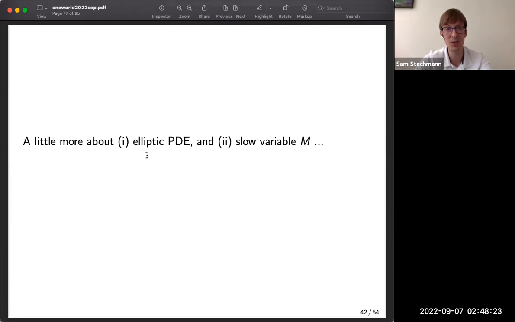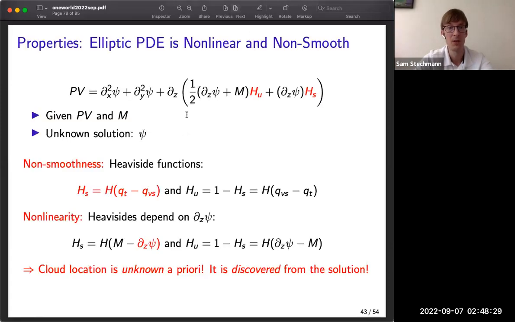Okay, so next I want to say a little bit more about those two pieces, this elliptic PDE and this slow variable. This is a slight variation of it with specific values of 1/2 and 1 for these coefficients. What's different is that now you're given not just PV, but you have to be given PV and M. And then from those, you find this unknown solution psi.